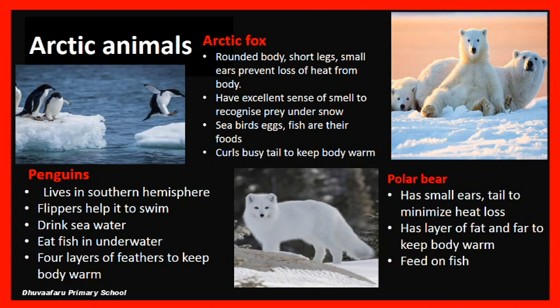It curls its bushy tail to keep its body warm. Penguins. Penguins live in the southern hemisphere. Flippers help them to swim, drink seawater, and eat fish underwater. Four layers of feathers keep their body warm.